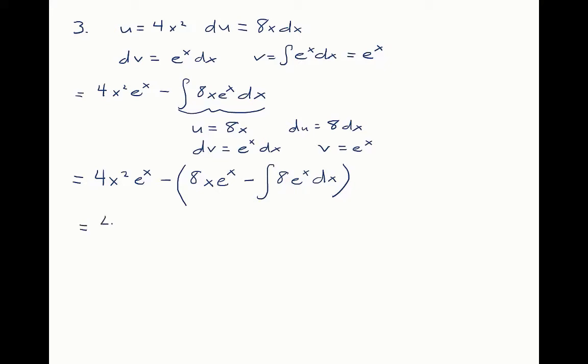Okay, so we have 4x squared e to the x minus 8x e to the x, minus minus cancels, plus the integral of this. And e to the x integrals are easy enough, so we just get 8 e to the x, and don't forget your plus c.